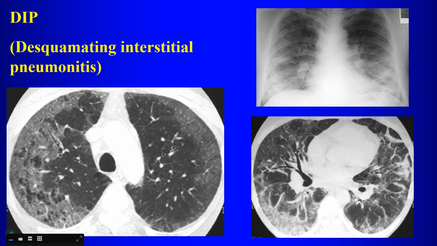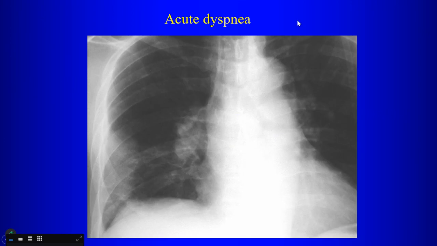These tend to be ground glass peripheral opacities. This patient is acutely short of breath. You're reading this chest radiograph from the ED. What are you going to say? What did you say? So what's the sign?